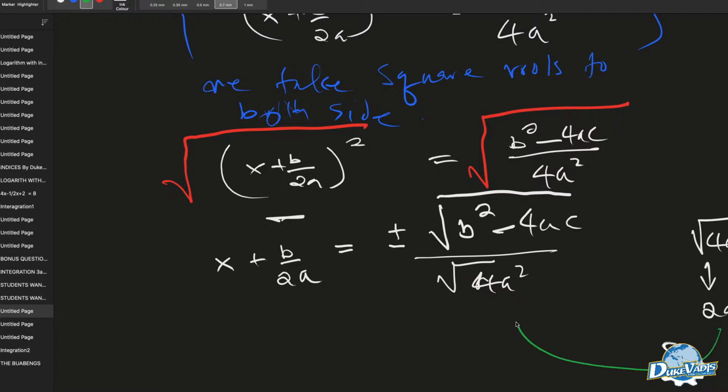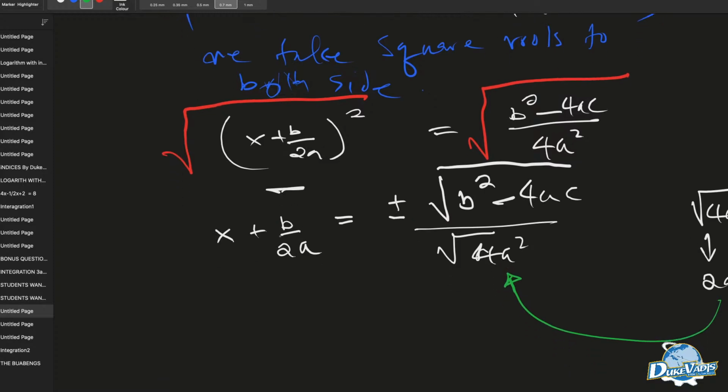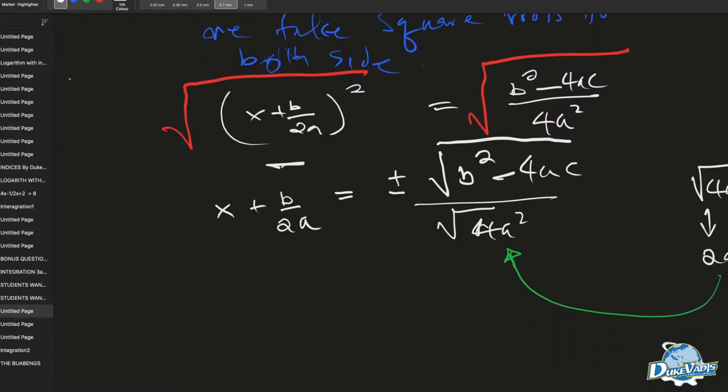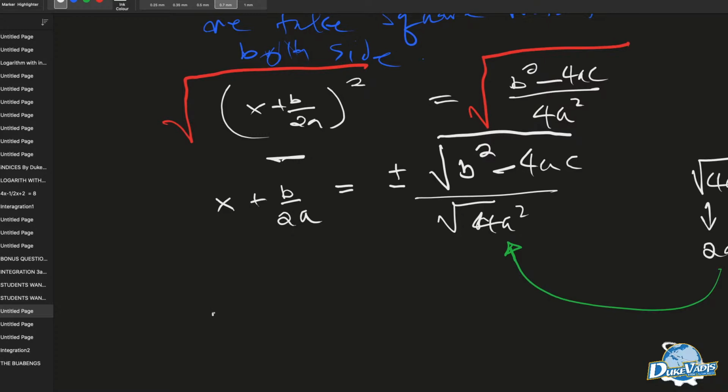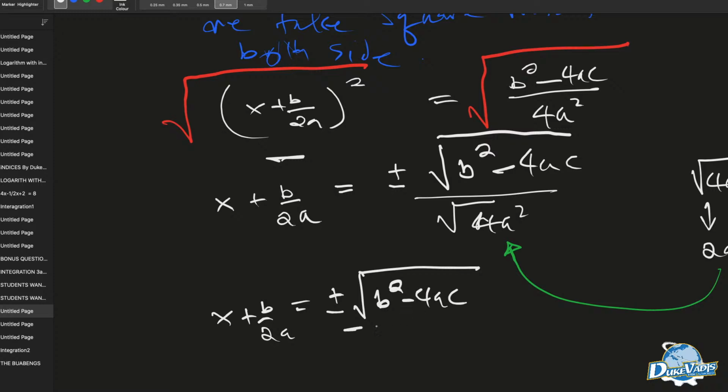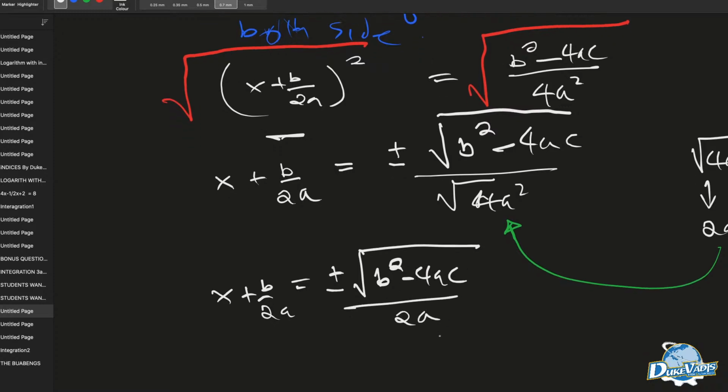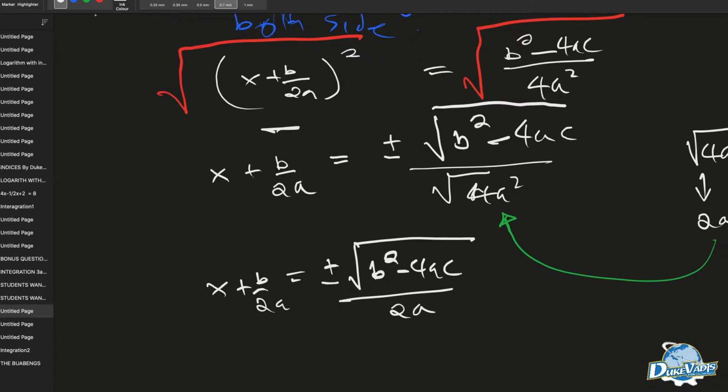When we put this back into this side, our equation can be written as x plus b over 2a equals plus or minus the square root of b squared minus 4ac all over 2a. What do we see?